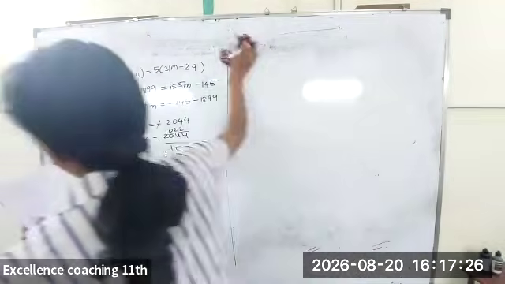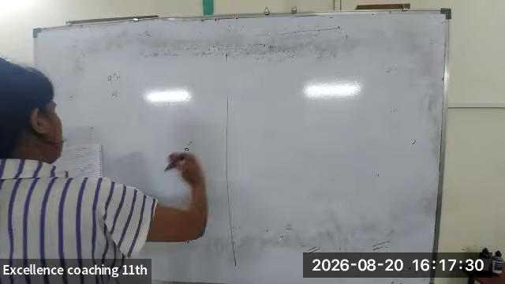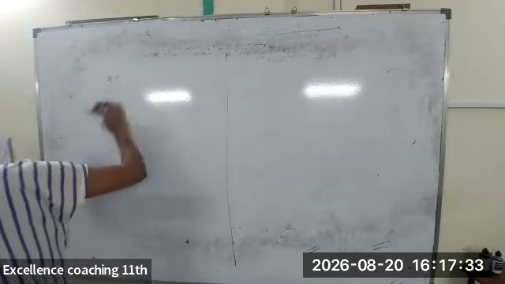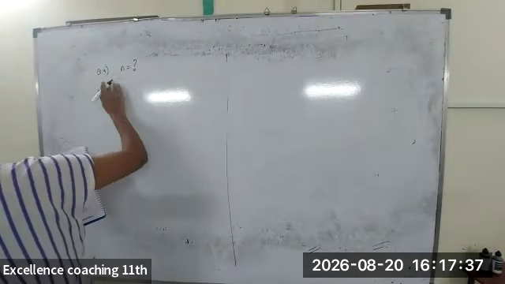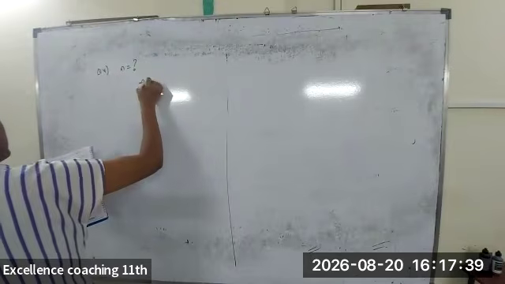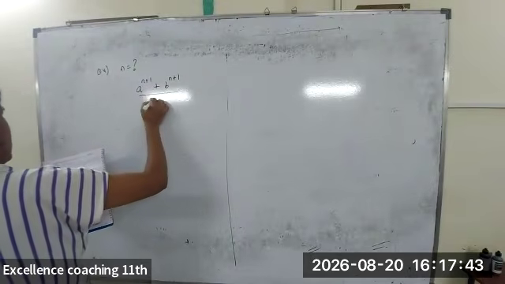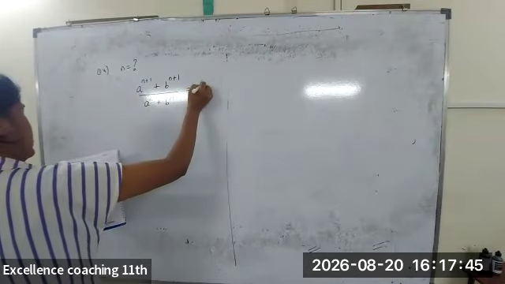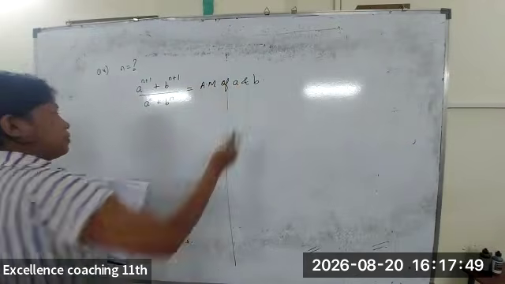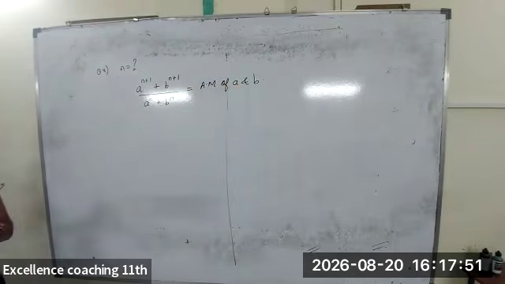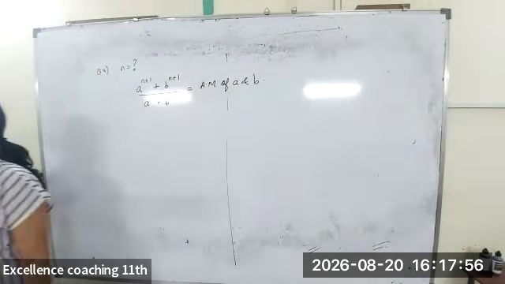Now for what value of n is this equal to the arithmetic mean of a and b?